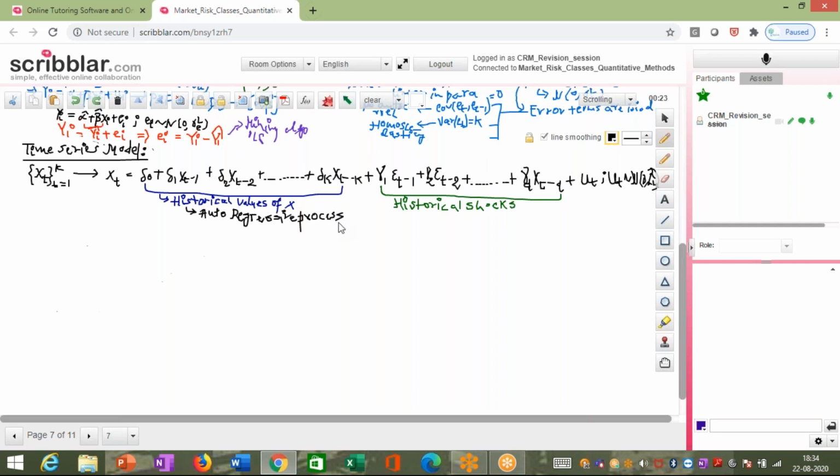This is known as the autoregressive process. And this part is known as the moving average process.